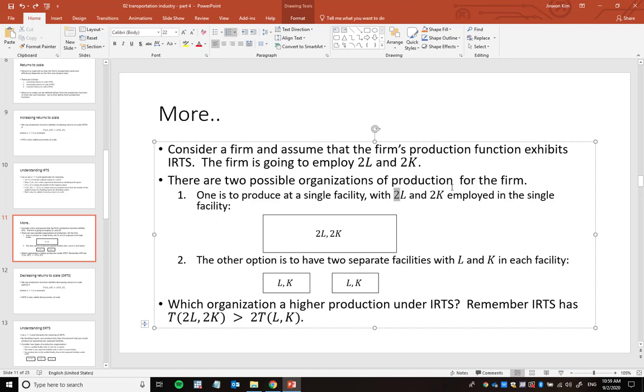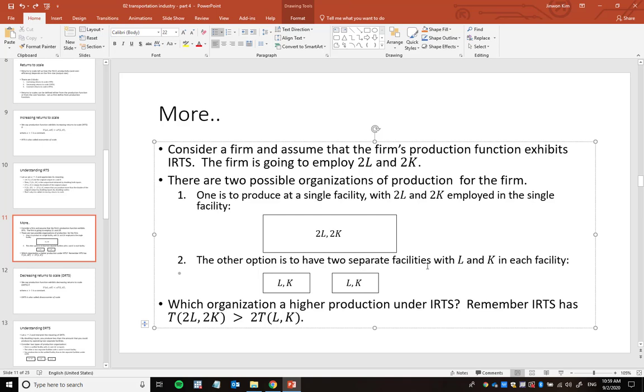You are going to employ those doubled inputs in one single factory. Then you can produce that amount. The rectangle measures the quantity of output produced by this single factory. So it's a large rectangle.